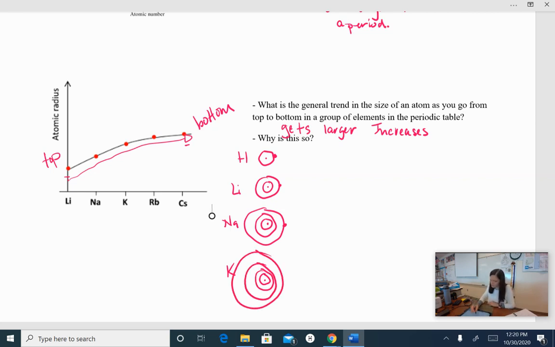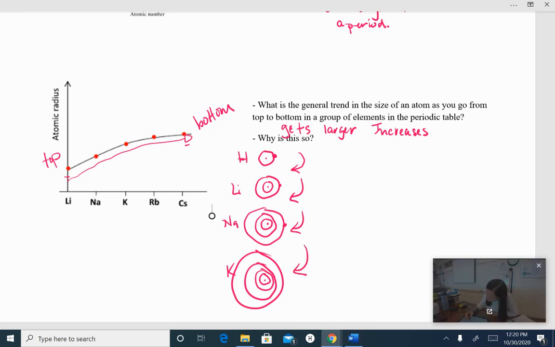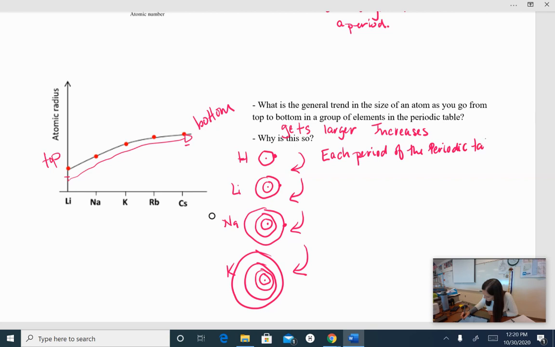What do you notice about each time I go down the periodic table? What happens each time? I add another layer. So each period of the periodic table adds another layer of electrons.